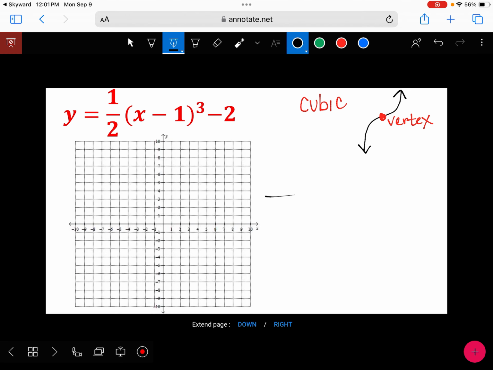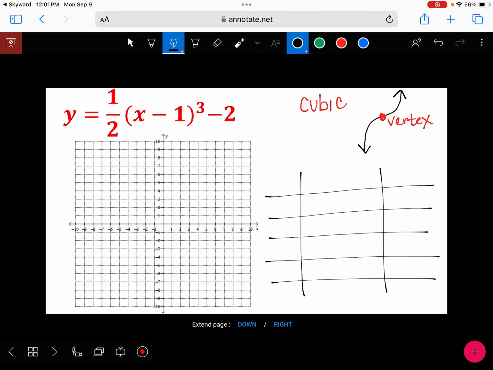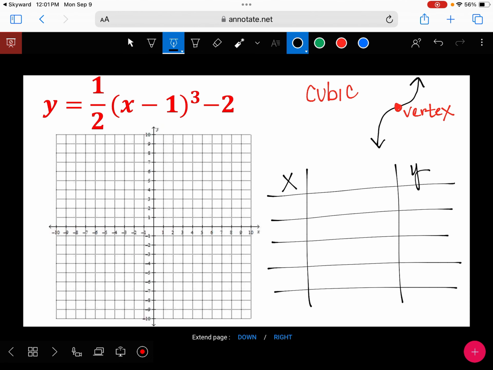So I'm going to go ahead and make my table. This one, because we have arrows going opposite directions, we don't have a lowest point. So let's start off by, again, I always put my vertex in the middle. I just think that's the easiest way.